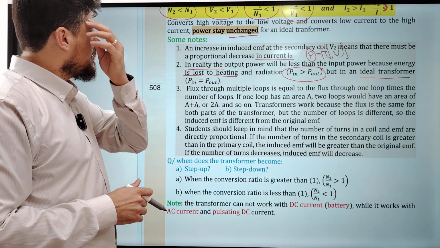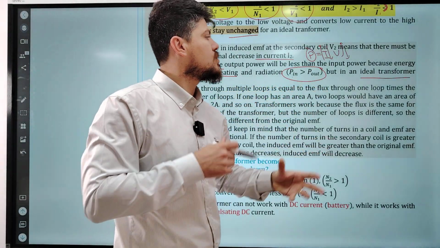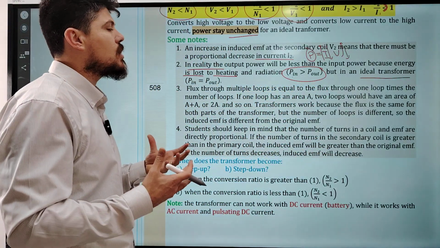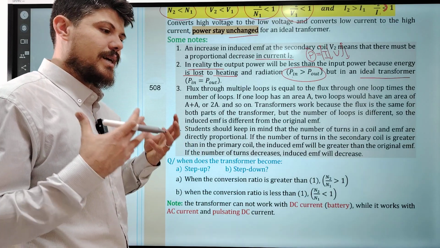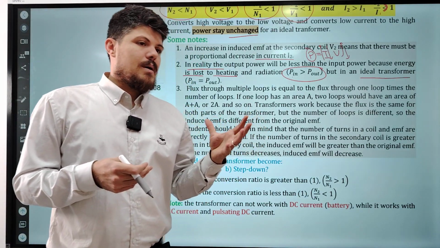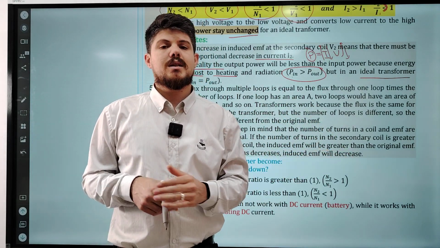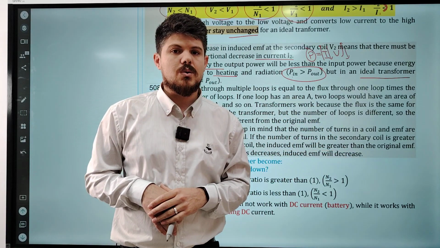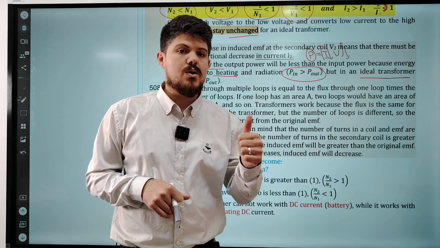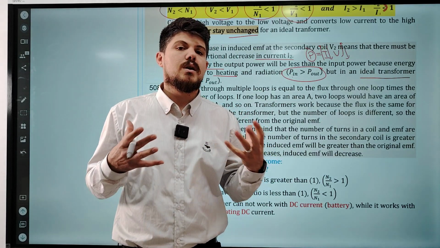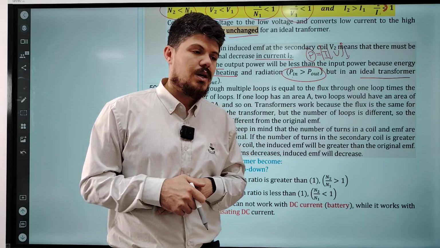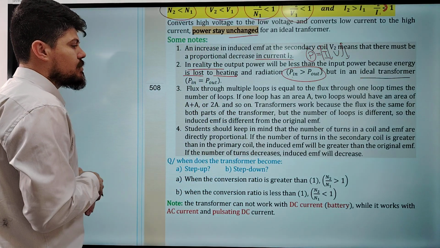So the flux through the multiple loops is equal to the flux through one loop times the number of loops. That is why in a step-up transformer, the number of turns in the secondary coil should be bigger than in the primary coil. Why? Because more turns produce more induced EMF and induced current, because it is directly proportional.